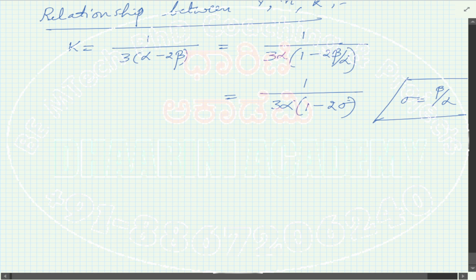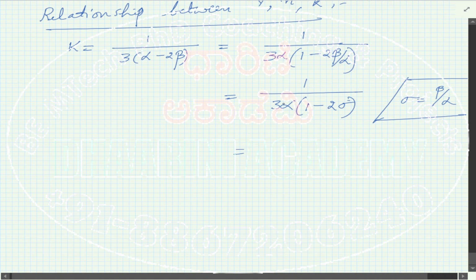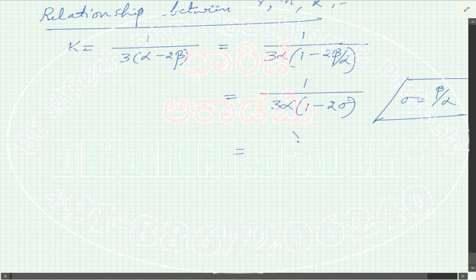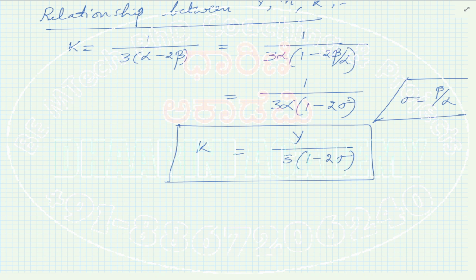That's why I have made a substitution like this. But what is 1 by alpha? I can see a 1 by alpha here. 1 by alpha is nothing but Y, Young's modulus. So I can replace that as Y divided by 3 times 1 minus 2 into sigma. So this is the relationship between K and Y. If you know K and sigma, you can calculate Y, or if you know Y and sigma, you can calculate K.